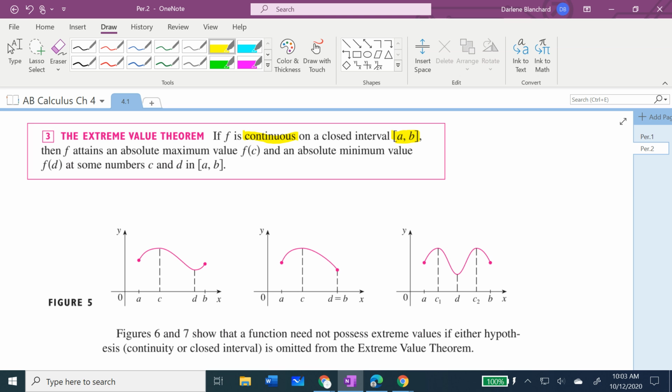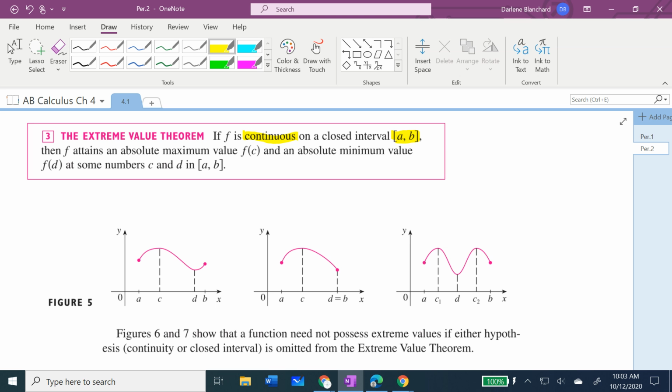And while that may seem obvious, you want to be aware of these theorems and what is necessary to be able to say that something for sure happens. And if you look at figure 5, there are 3 graphs to take a look at. All 3 of them are showing continuous over a closed interval.